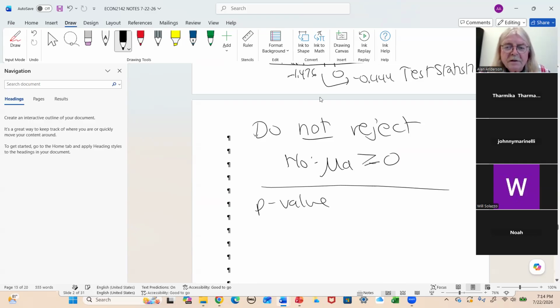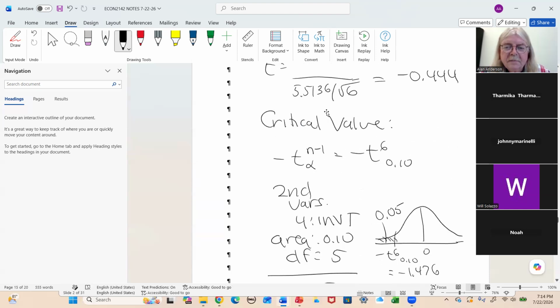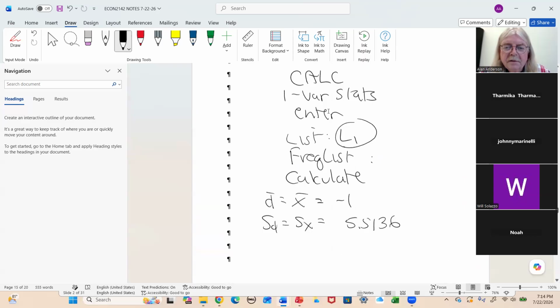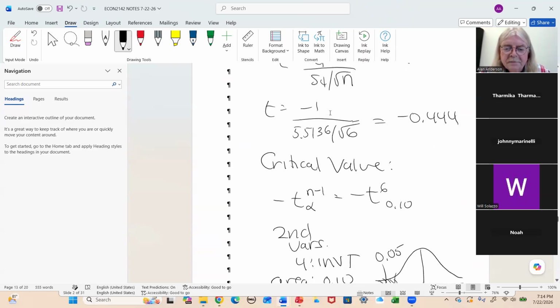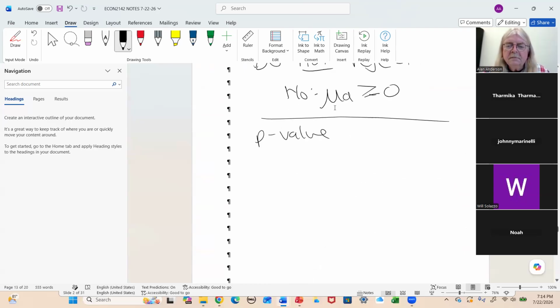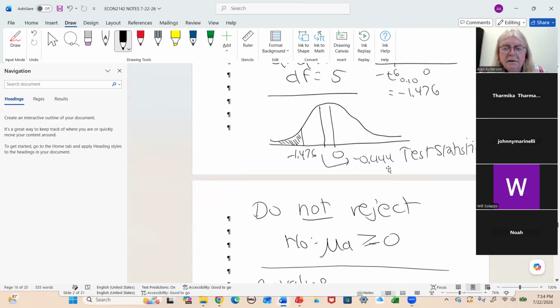So here the test statistic was negative 0.444. It's a left-tailed test. Okay.